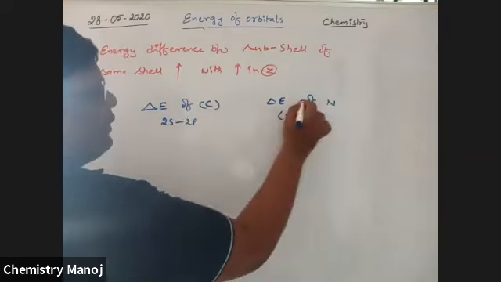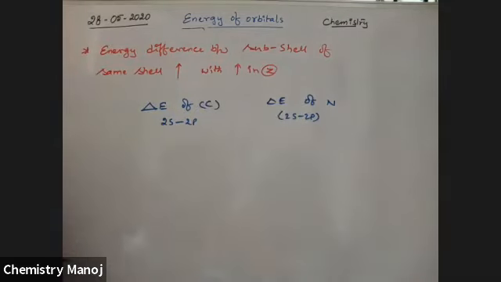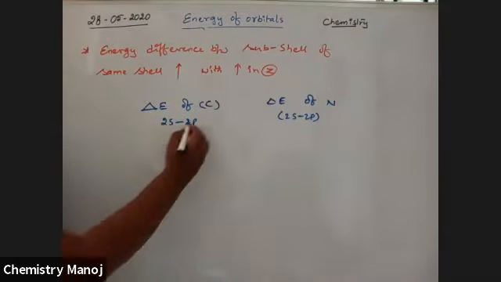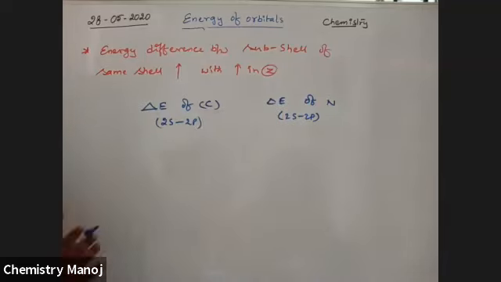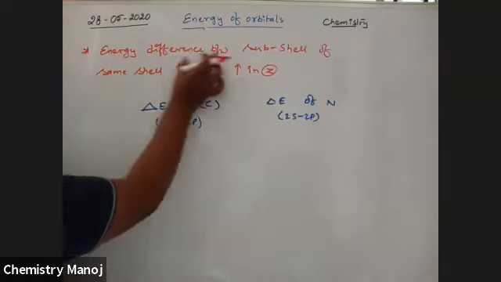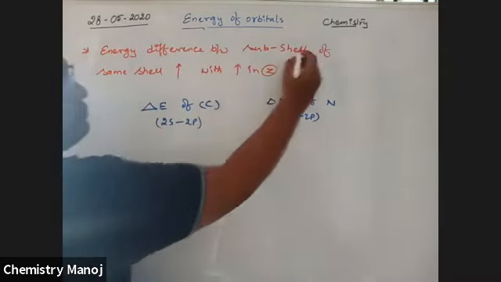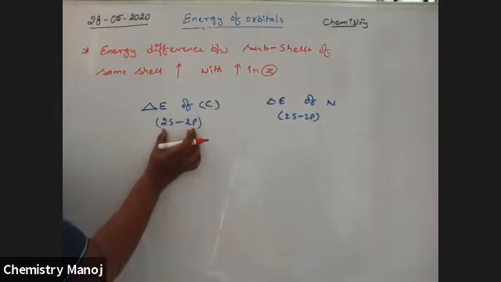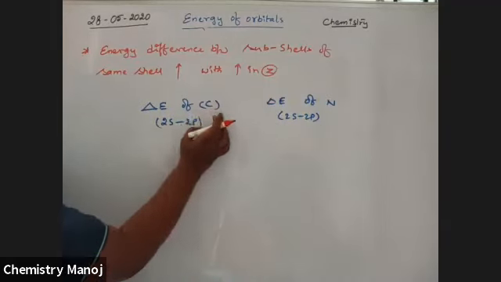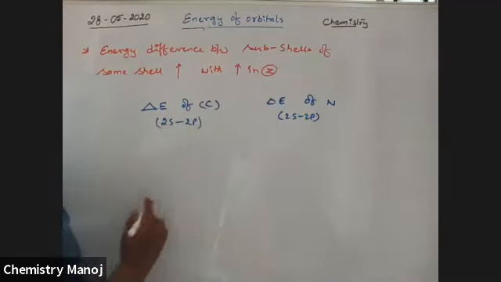It is of carbon, that is of nitrogen. So what do we have to apply, less than or greater than between these two? Energy difference between subshells of the same shell increases with increase in atomic number.